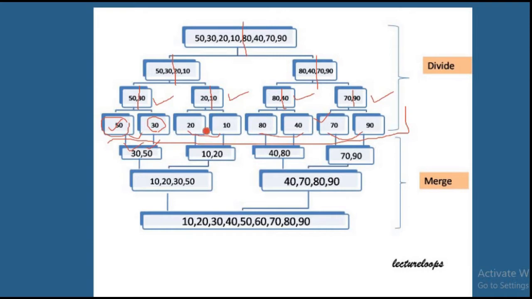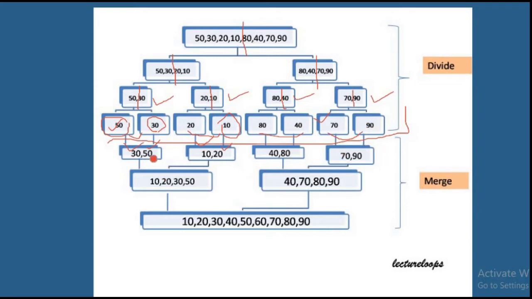In the same way, when merging these two subarrays, 10 should come here and 20 will come here. So in the merging we also perform sorting. The smaller element will go first and then the larger, and in this way it will go on.